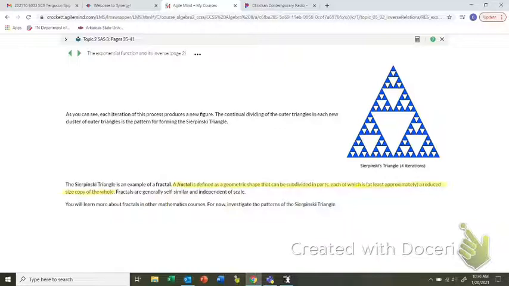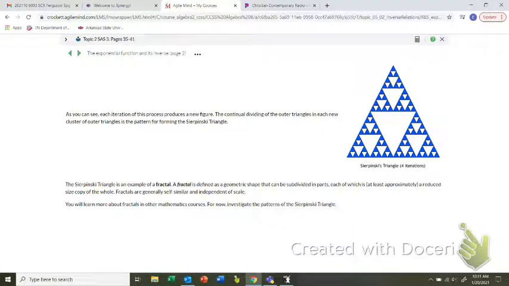So you'll see everything in that Sierpinski triangle is a triangle. However, each iteration becomes a reduced size copy of that whole big blue triangle in the back.